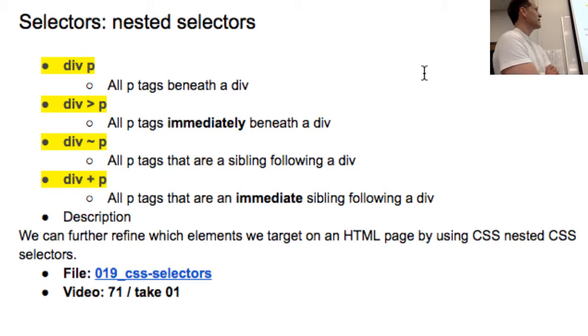Because that tilde kind of looks like a snake or an S, and siblings starts with an S. So whenever we see the tilde, we think that's a sideways S, and sibling starts with S. Tilde means all siblings following a div. How do we remember the plus? Is immediate sibling following a div.